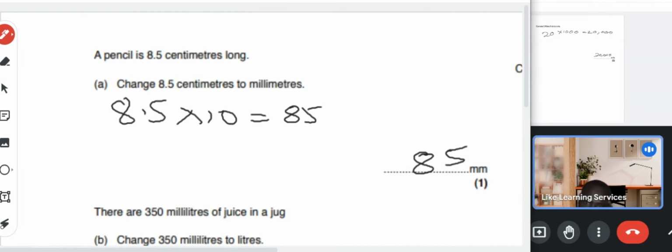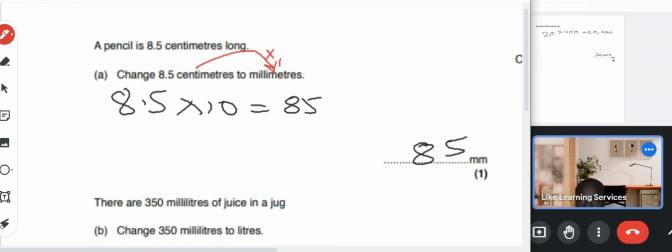A pencil is 8.5 centimeters long. Change 8.5 centimeters to millimeters. Centimeter is a bigger unit. Millimeter is a smaller unit. So you multiply by 10 because that's the rate.